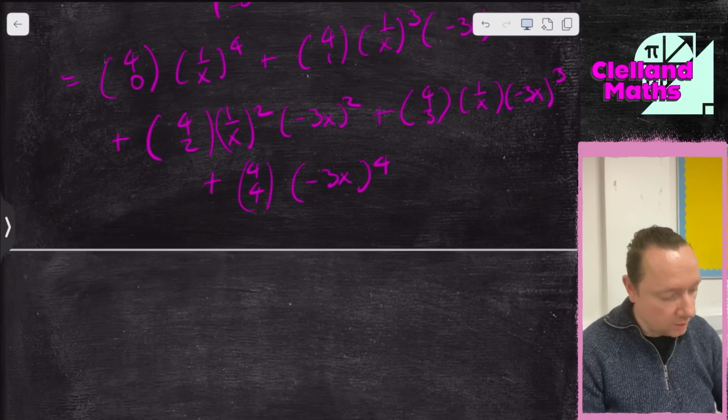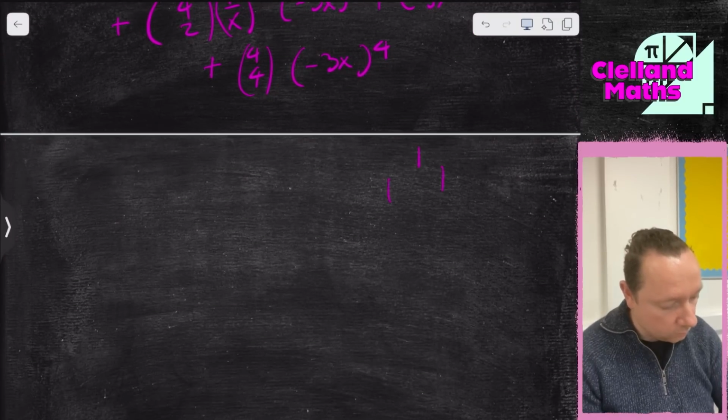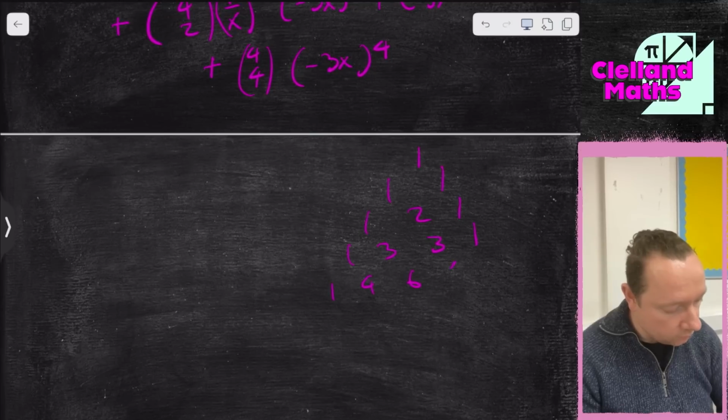We can just use Pascal's triangle. So Pascal's triangle is 1, 1, 1, 1, 2, 1, 1, 3, 3, 1, 1, 4, 6, 4, 1, 1, 5, 10, 10, 5, and so on. But it's this line I need.